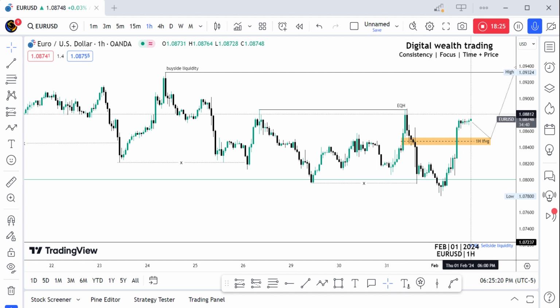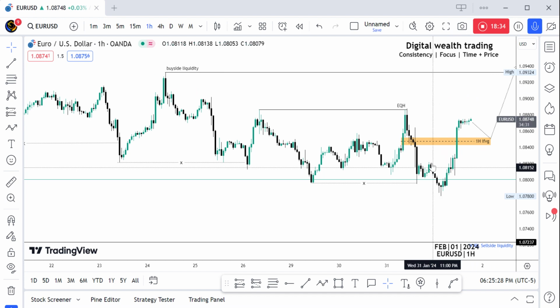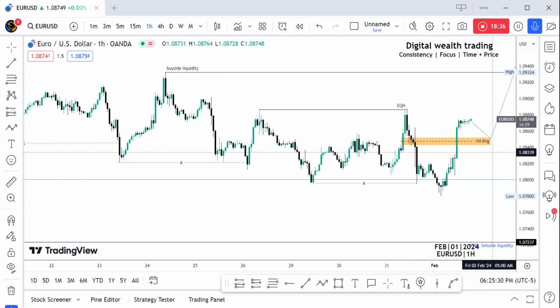I'll be waiting for the New York session to see if it will be a continuation or a reversal. If it's going to be a continuation, I will use what I just explained here. If it's going to be a reversal, I will wait to see a short-term liquidity sweep, then sell the market lower. That is basically the idea going in tomorrow. And if it does not give me any of these, then I'm not engaging in the market.